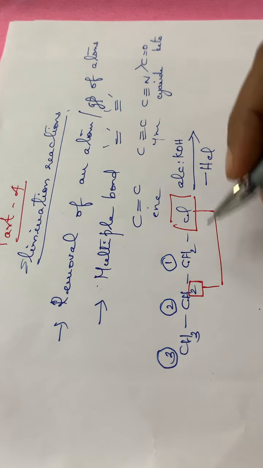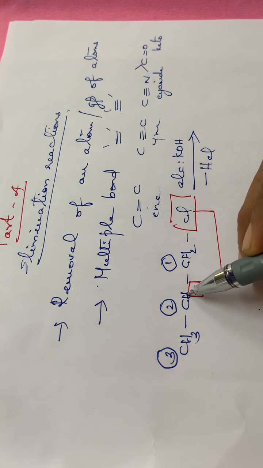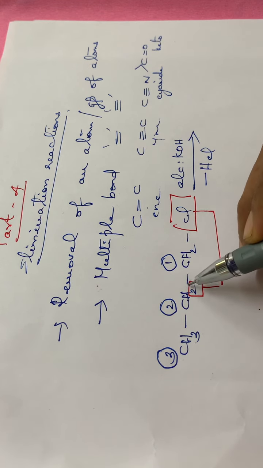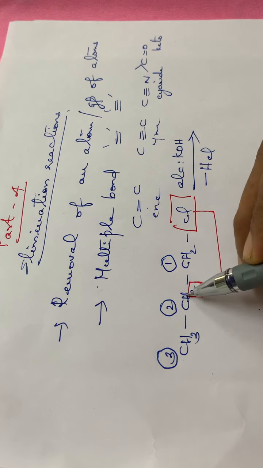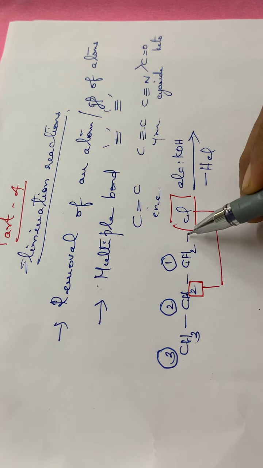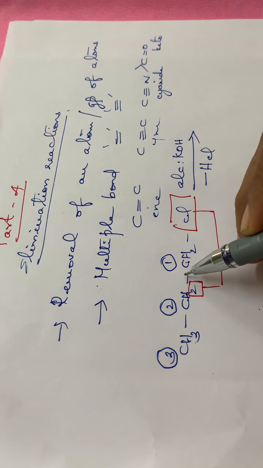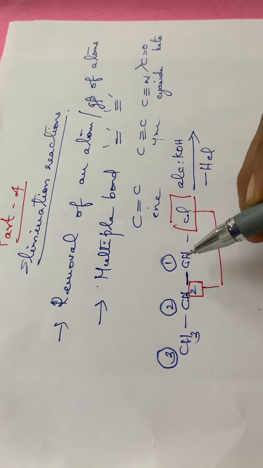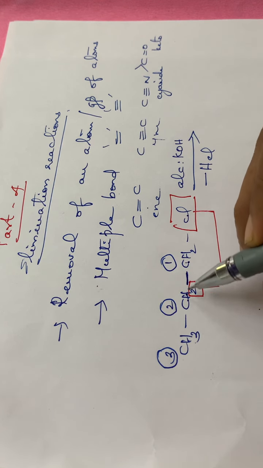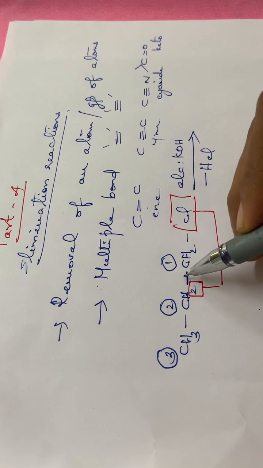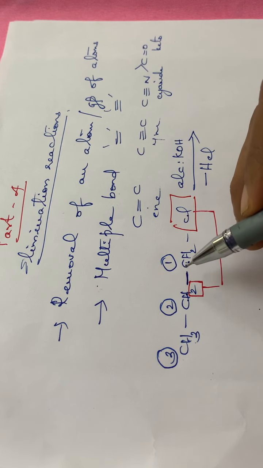So what happens? The product will be CH3CH, and here one valency is free for this carbon atom, and for the other carbon atom also, while chlorine is removed, one valency will be free. So between these two carbon atoms a bond will be formed. There is already a sigma bond present. After the elimination, one more bond will come there, that is a pi bond.